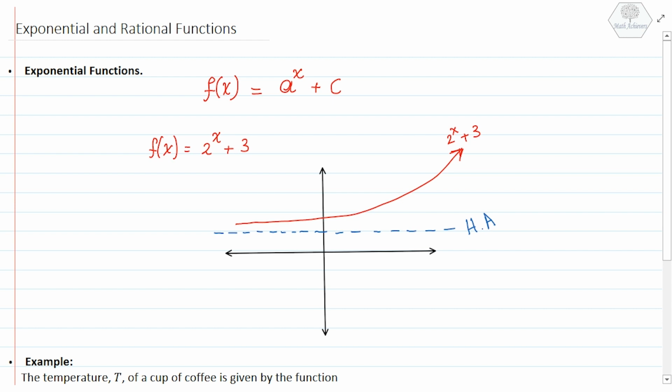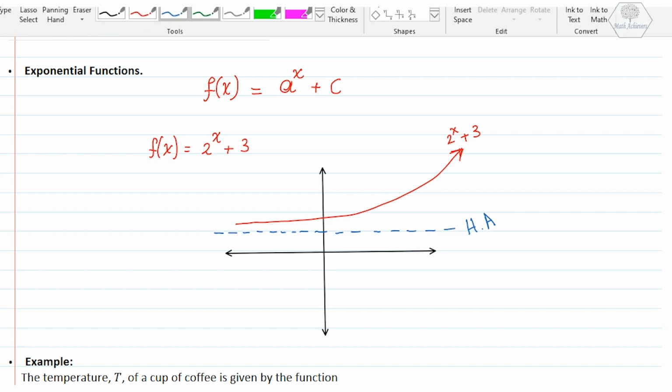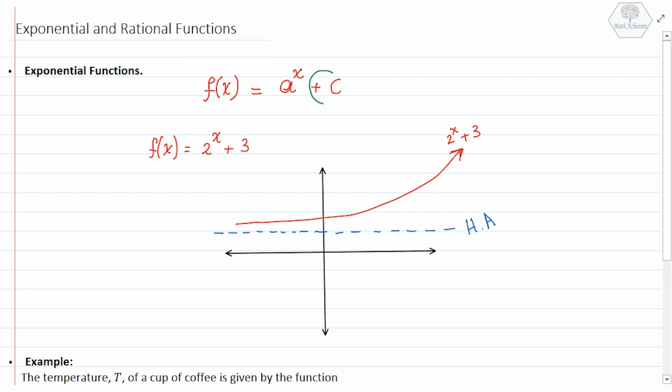The horizontal asymptote means that as the function goes very large or very small, it will never touch or cross this asymptote. The horizontal asymptote for the exponential function is always equal to the constant.